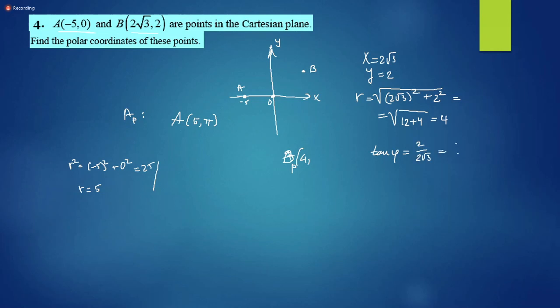That's 1 over root 3, or sometimes you can write it root 3 over 3. This means that because it's the first quadrant, then the angle is the arctangent directly. Arctangent of root 3 over 3, that's 30 degrees, or pi over 6.